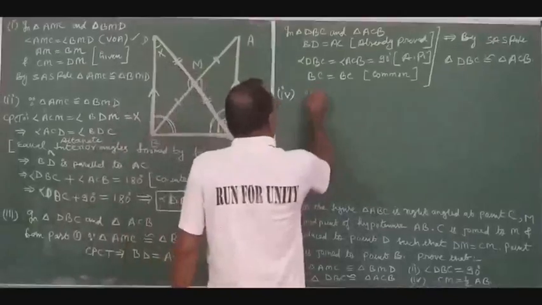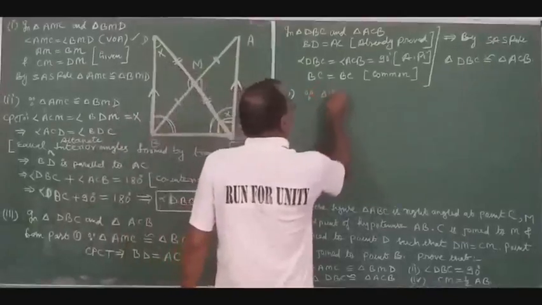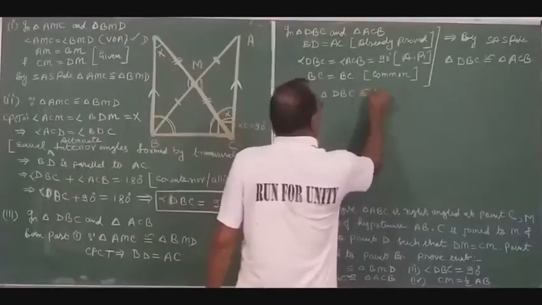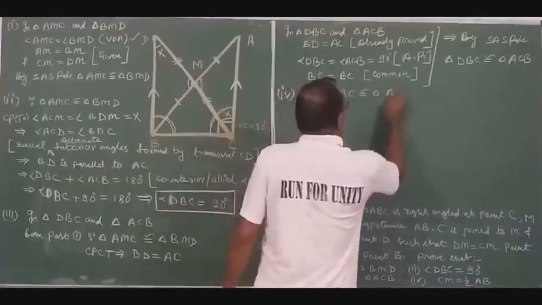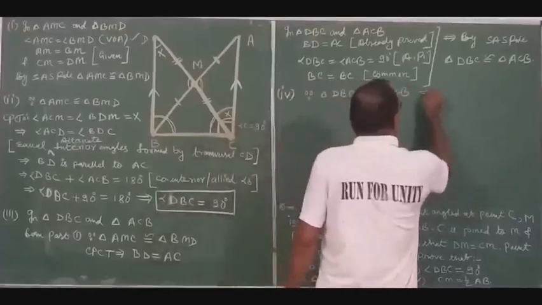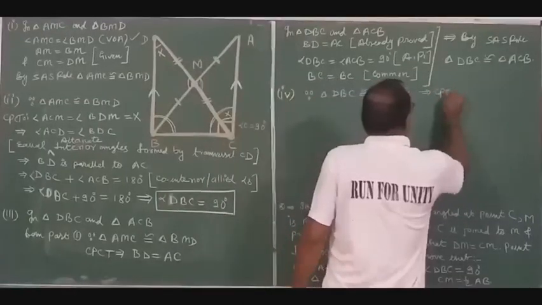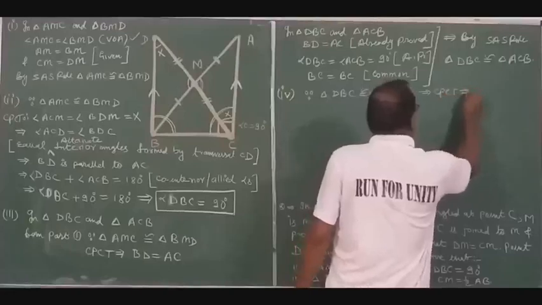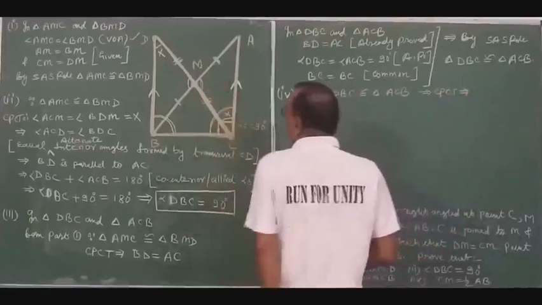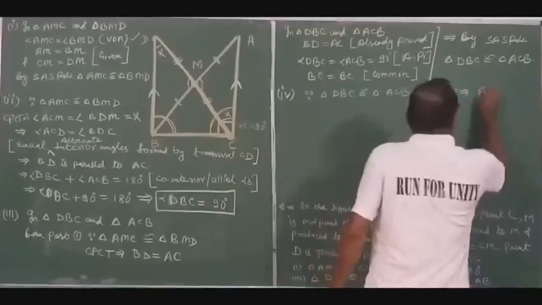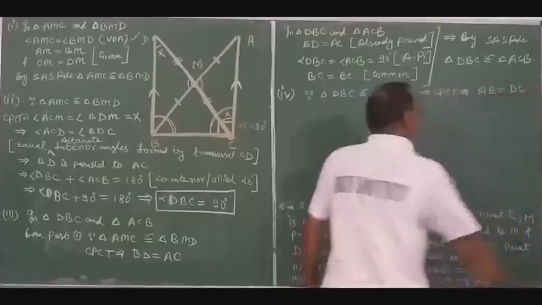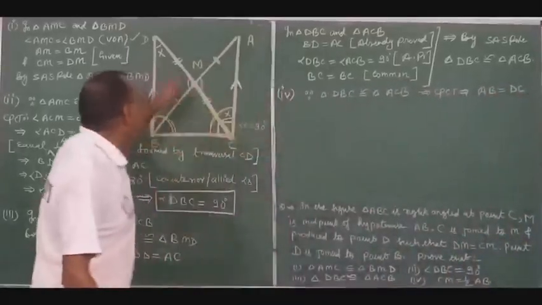Since triangle DBC is congruent to triangle ACB, it means CPCT. What the CPCT will say is this: AB is equal to DC. Is it okay? CPCT.